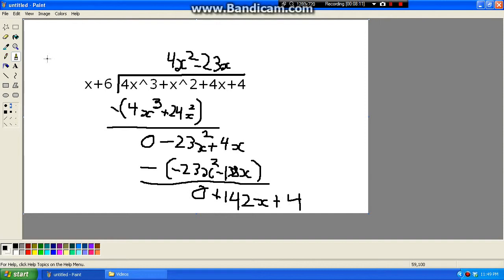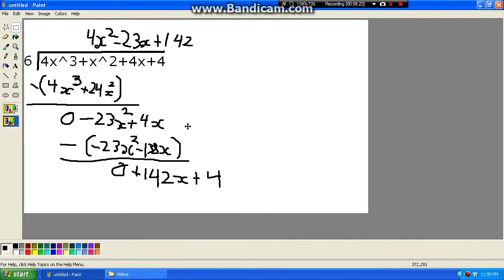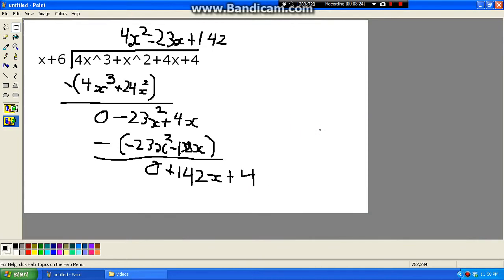How many times does x go into 142x? Easy. It goes in 142 times. But now we've got to start taking away what is 142 times x. It's minus 142x. But we also have, what else? 142 times 6.